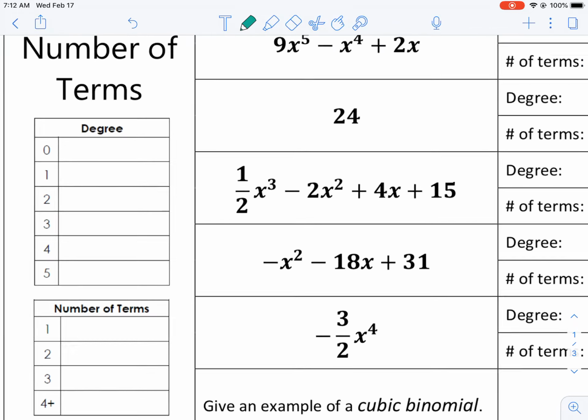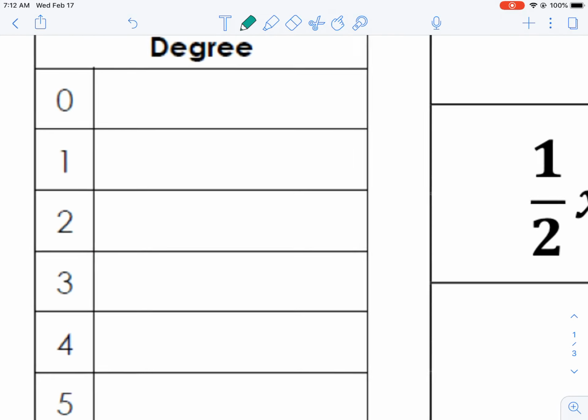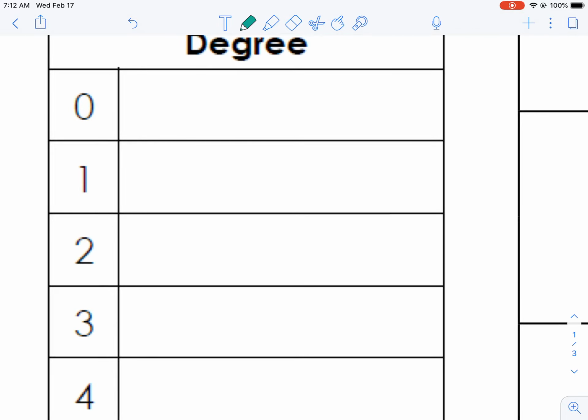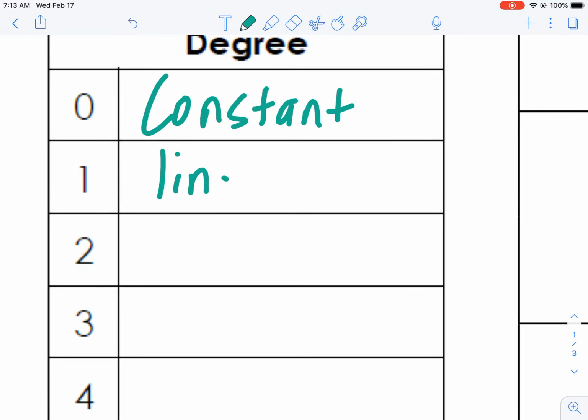Different degrees have different names. If it has a degree of 0, that's called a constant function because it has no variable at all. If there's no change, then it's constant. A degree of 1 means there is a variable, but it doesn't have any exponent on it, and you've learned about that kind for a while. That's linear.